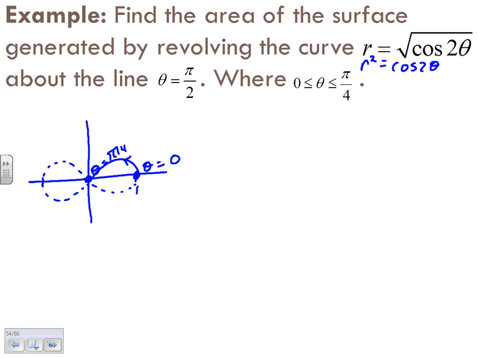I was just filling in the rest of what the graph is. Now, what do we do? It only asks from 0 to pi over 4, right? And then I just dotted in what the rest would look like.